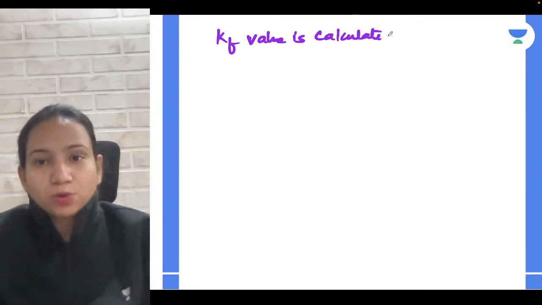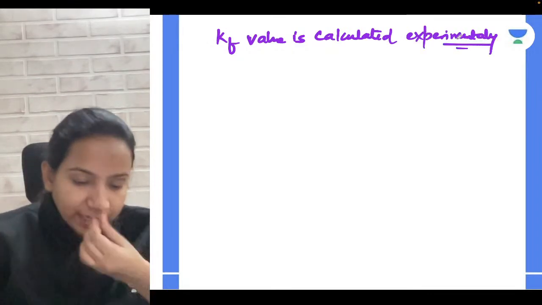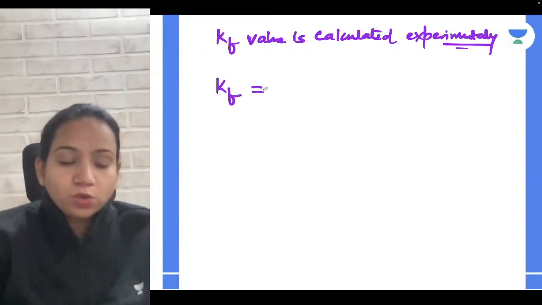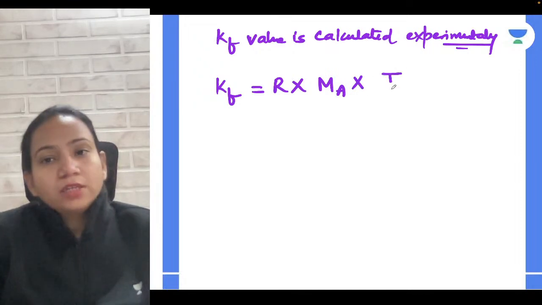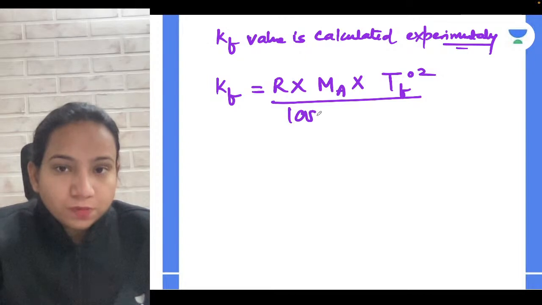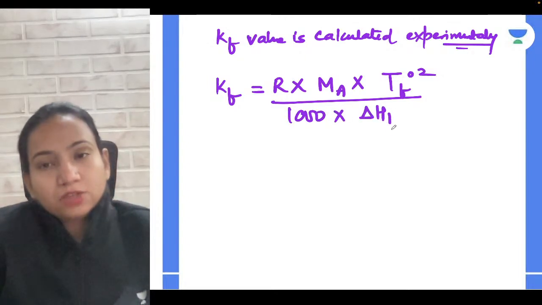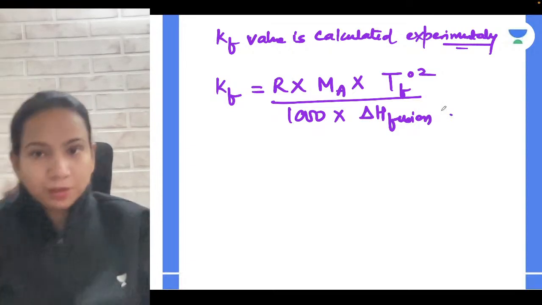It is calculated using a formula: Kf is equal to R into MA into Tf naught square divided by 1000 into the enthalpy of fusion. So the enthalpy of fusion you will find out experimentally.